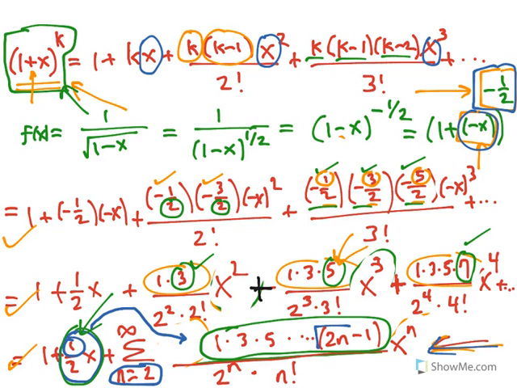So if n is 1, 2n minus 1 would be 2 minus 1, which would just be the single factor of 1 that we have for that term. And in the denominator, we would have 2 to the first, which is 2, times 1 factorial, which is, of course, just the 2 here. So we could include this term in the description of the nth term, get rid of that term, and start the index at 1, and that works as well.